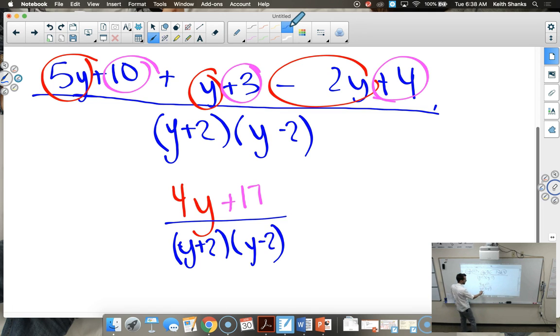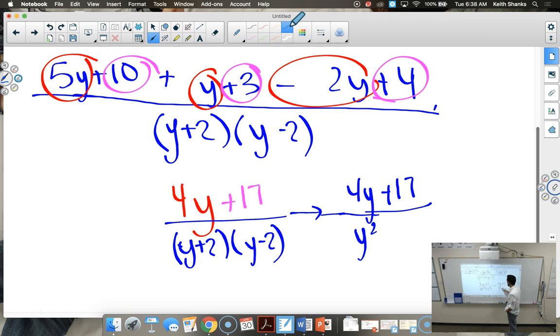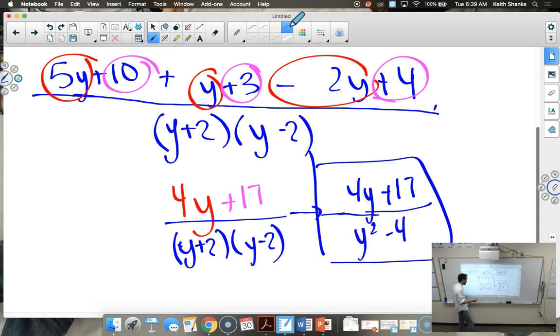And you might see them put this back together, so the final answer might look like this: 4y plus 17 over y squared minus 4. The original middle term, they might write it that way sometimes. So just so we're aware of that and comfortable with that, you should be okay.